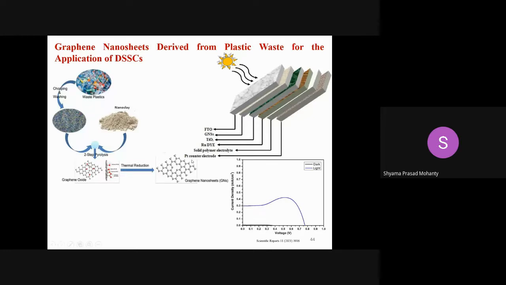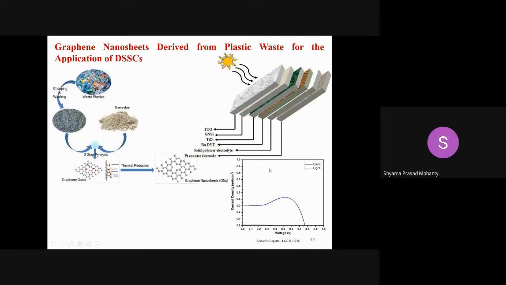The synthesized graphene nanosheets were dispersed in a solvent and coated on FTO glass. Then a titanium dioxide layer was coated over that, and it was sensitized with dye, with a solid polymer electrolyte and platinum counter electrode.